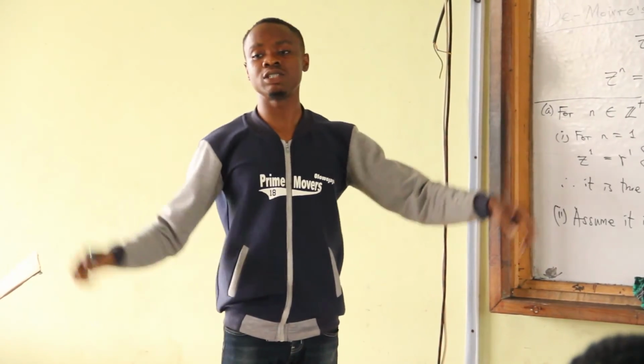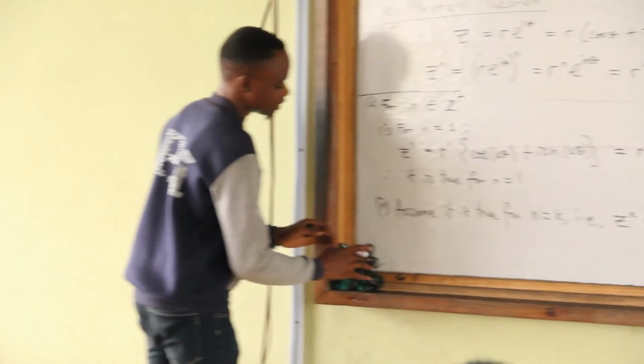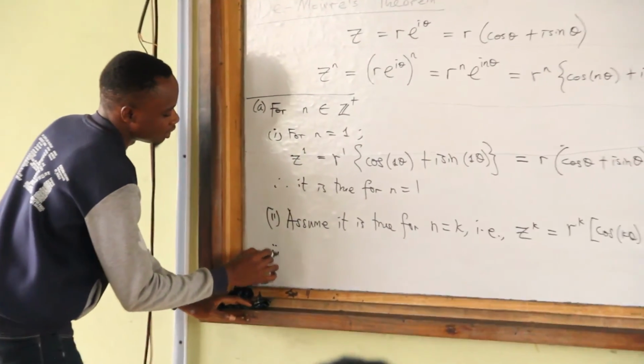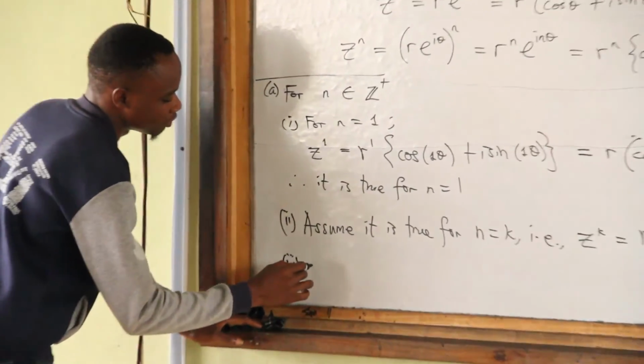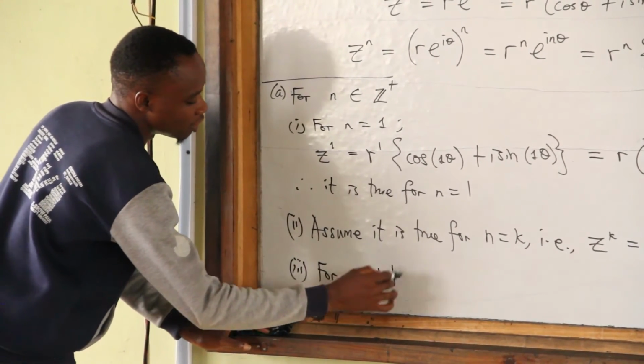We're going to induce this result in the last step, to establish that it is true for n equal to k plus 1. So we now check for n equal to k plus 1.